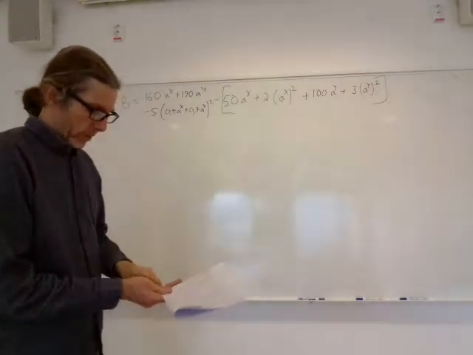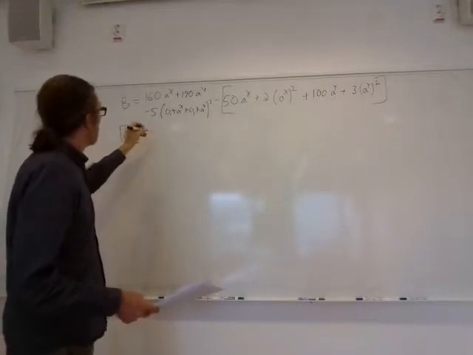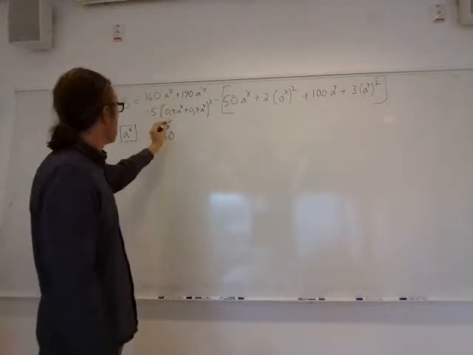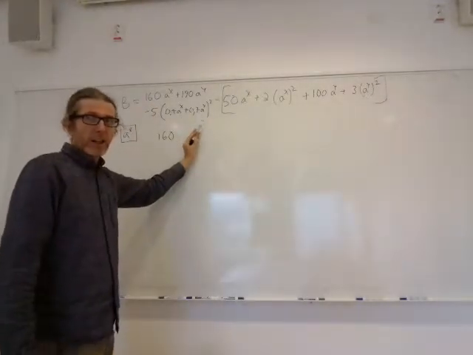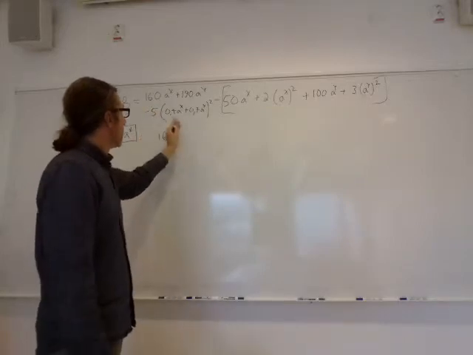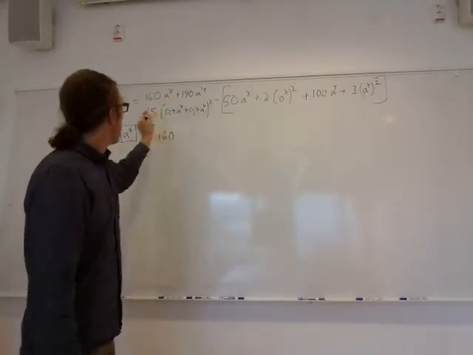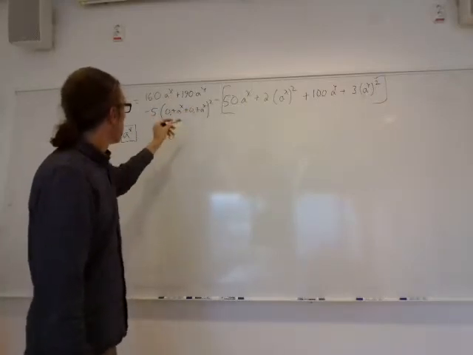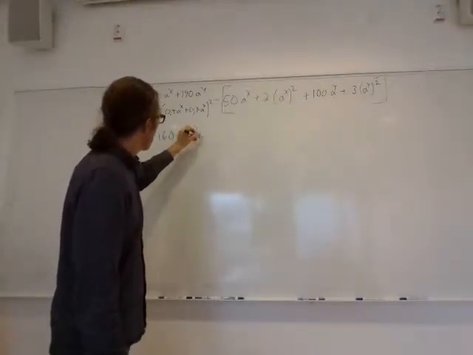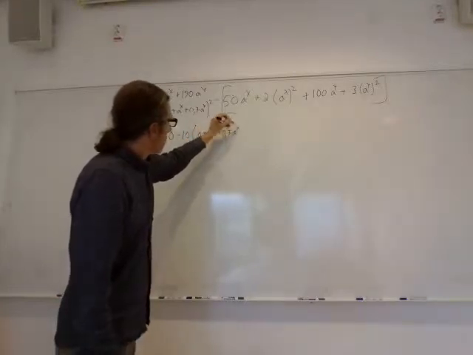So it's just the two first order conditions, isn't it? So the first order condition in AX gives us 160, and then how do we do this? Remember, we differentiate the outside, and then we go inside and multiply the two. So it's minus 5 times 2 times what's inside. So that's minus 10 times (0.4 AX plus 0.7 AY).